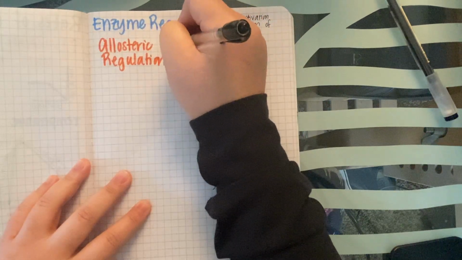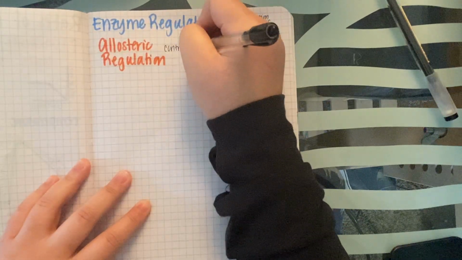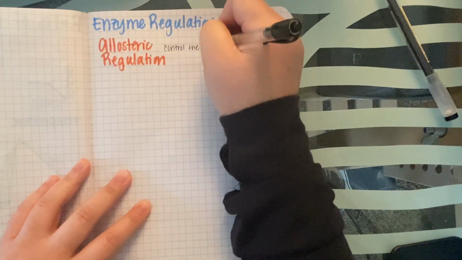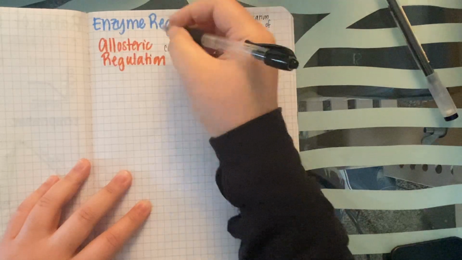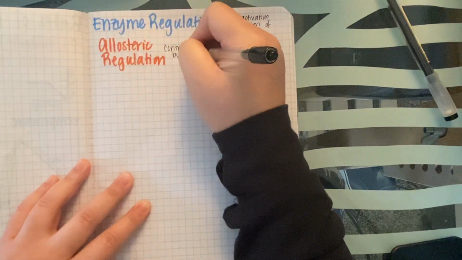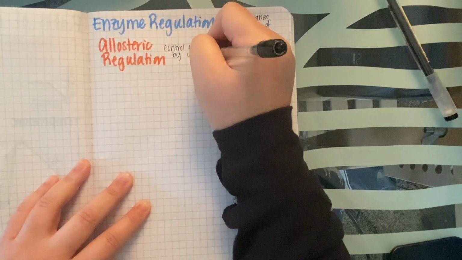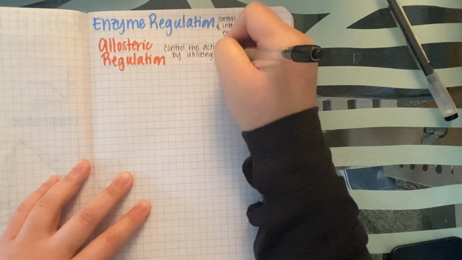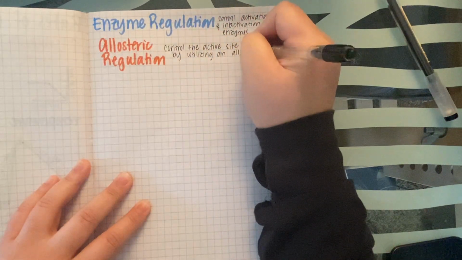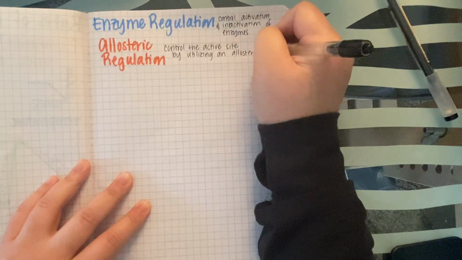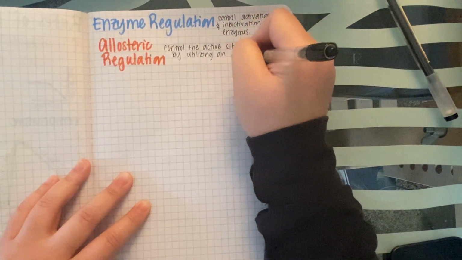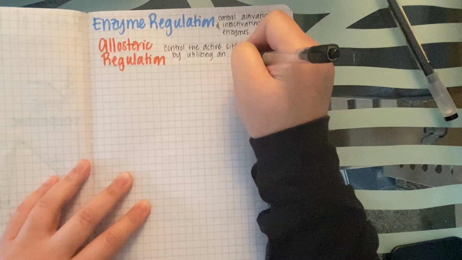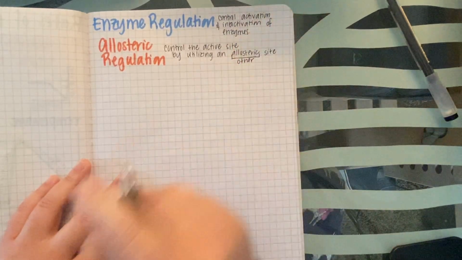So we're going to control the active site by utilizing an allosteric site. And the word allosteric means other. So we're going to be using a site other than the active site.